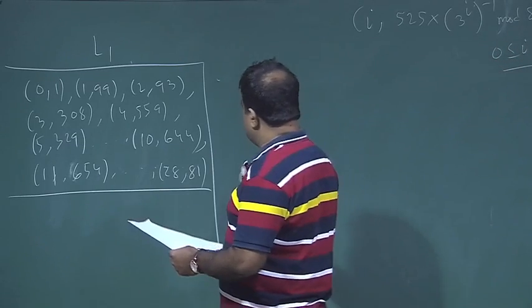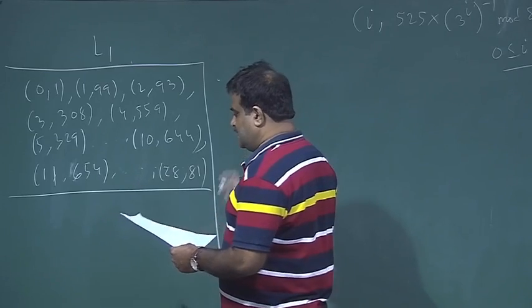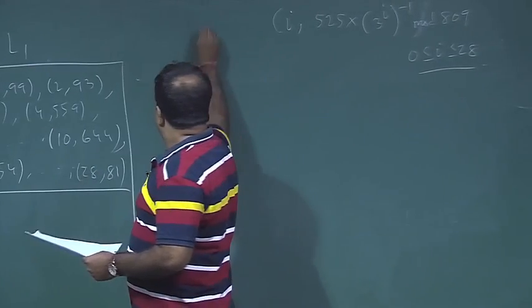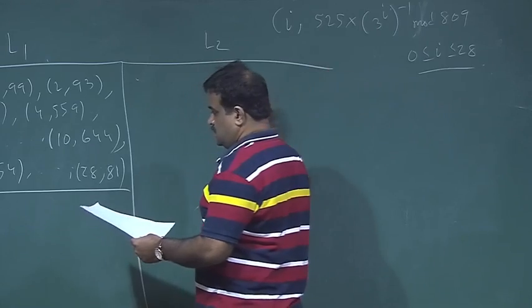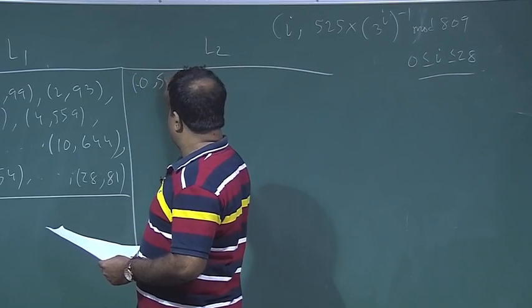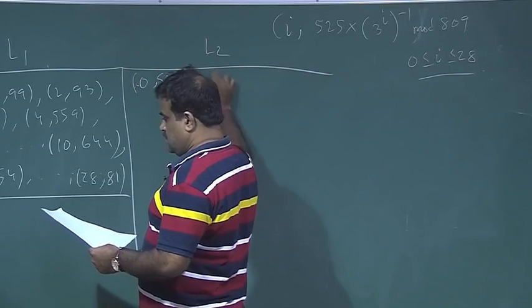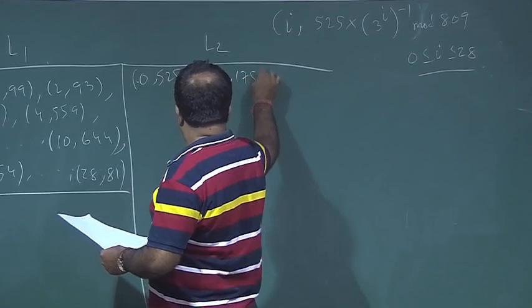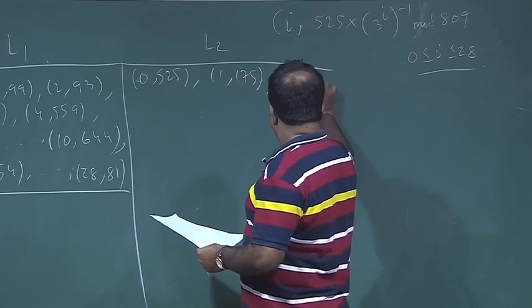Okay. So, if you do so, then we will be getting this. This is the L2 list: 0 comma 525, 1 comma 175, 2 comma 328.